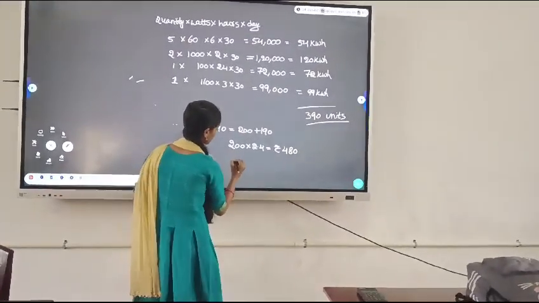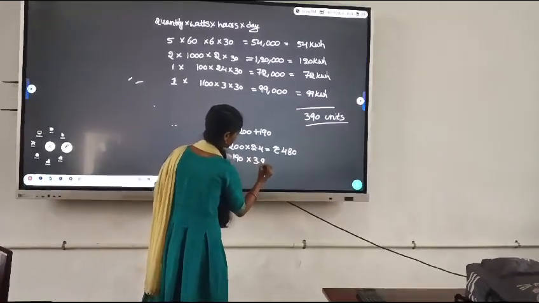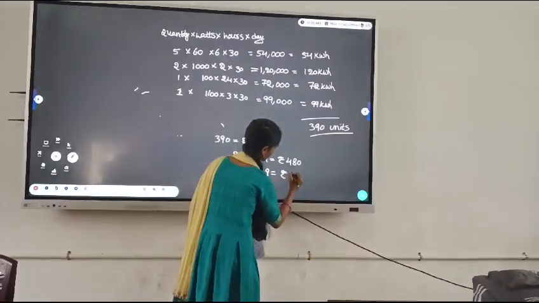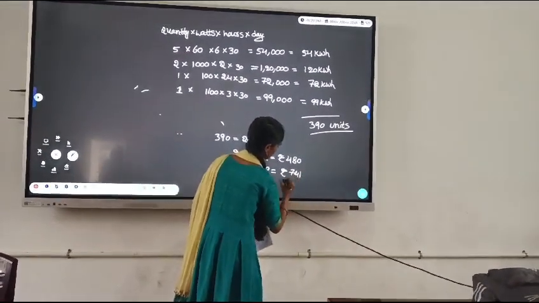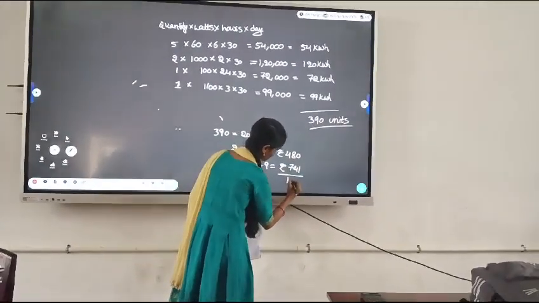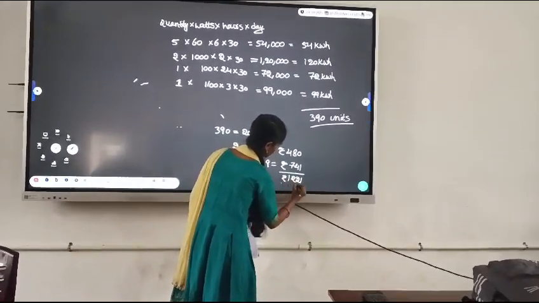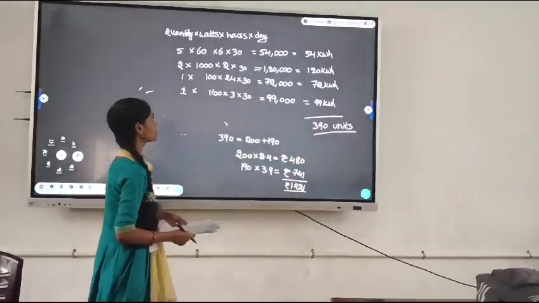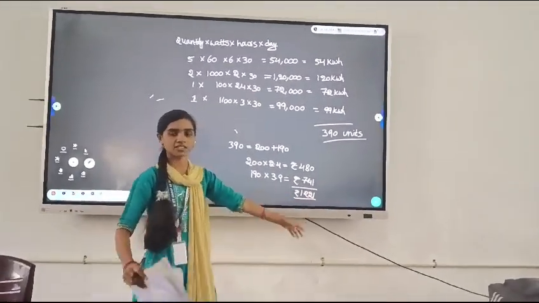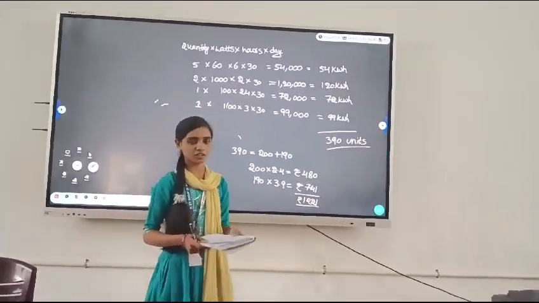So 190 into 3.9. 741 rupees. So add these two. 1,221 rupees. So for the given question, 1221 is the electricity bill for 1 month in the household.